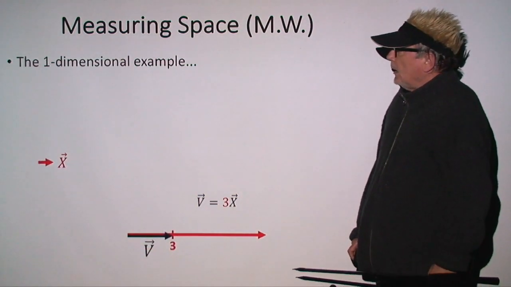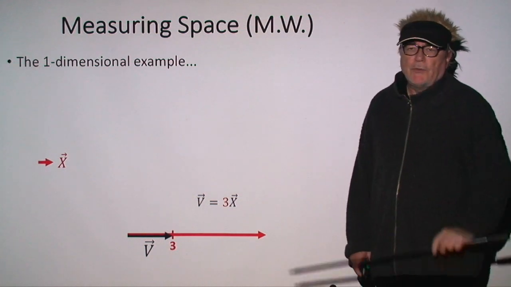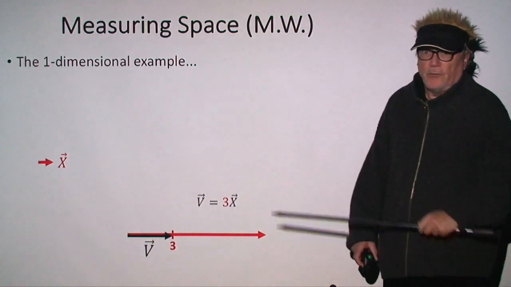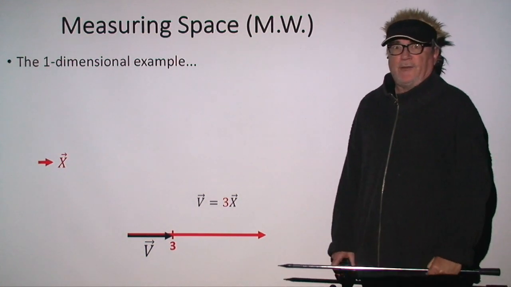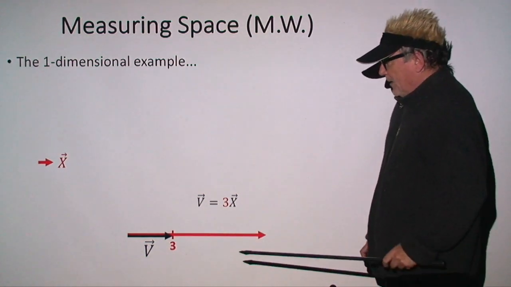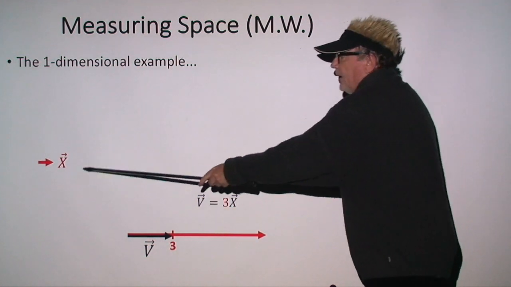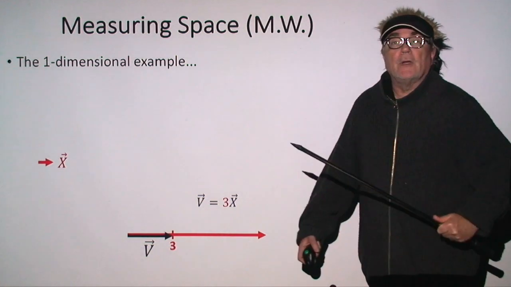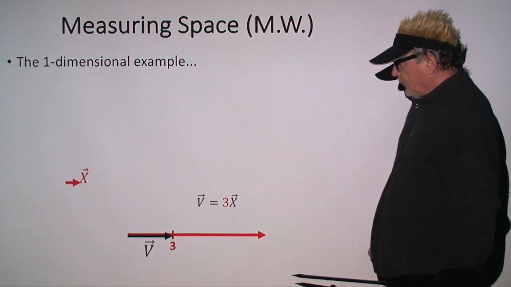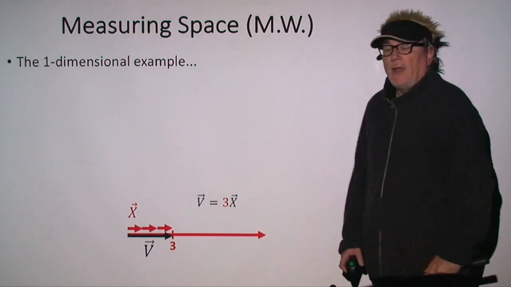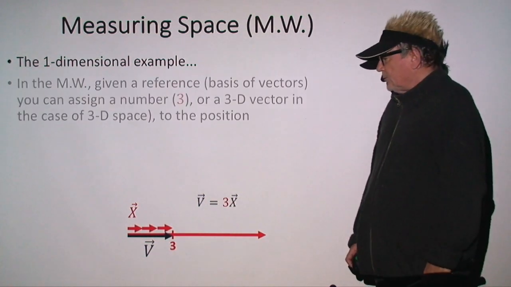Now, let's take an example here with only 1 dimension, to simplify things, but the results would be the same with 3 dimensions or 5 dimensions or 20 dimensions. So, here we have a vector which is equal to 3 times x. X is our basis here, our reference, okay? So if we look at it, we can see that v is equal to 3 times x. Okay, no problem.